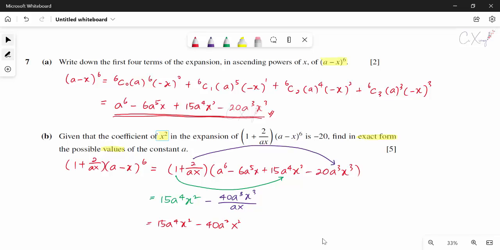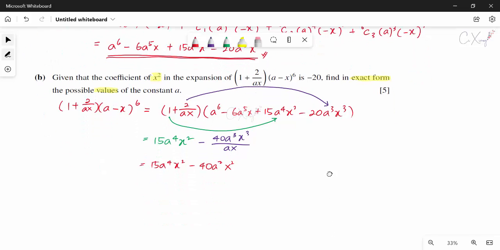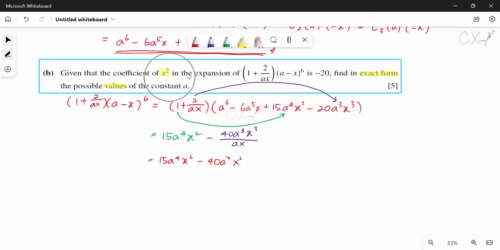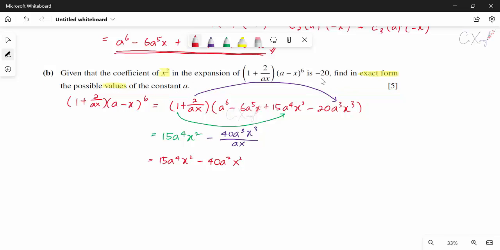Because this question already tells you that the coefficient of x squared is negative 20, the coefficient of x squared will be 15a power 4 minus 40a squared. So you can write like this: 15a power 4 minus 40a squared equals negative 20. Then continue further.